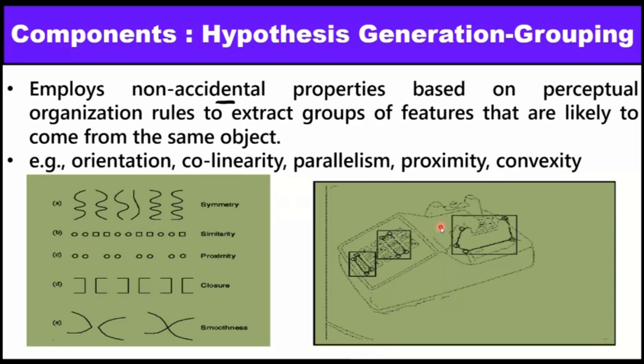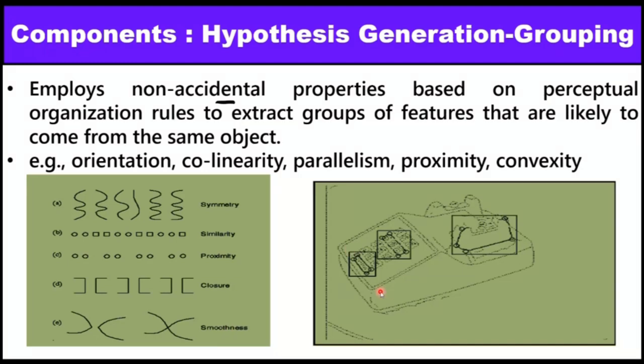In hypothesis generation, for grouping of the shapes or grouping of the information which is to be matched, we can use symmetry, similarity, proximity, that is closeness, opening and closing, crossing, smoothness, all these parameters we can find.